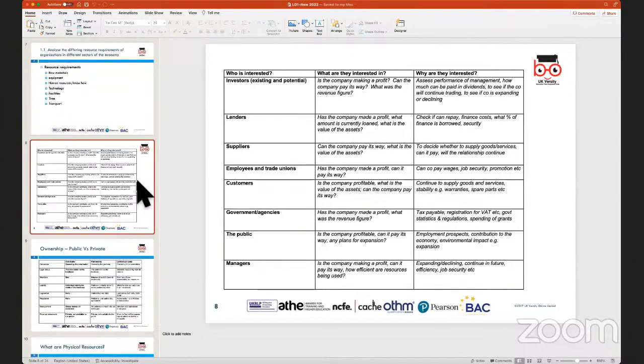If I look at it from the point of view of, say, a medical representative, somebody who's a medical rep, medical reps go to doctors, they talk about medications, show demos, give samples. They would have certain types of resources that they would use to do their job effectively. If I look at somebody who works within a hospital, if you're a nurse or a health and social care assistant, you would probably have some qualification and training which would allow you to work.